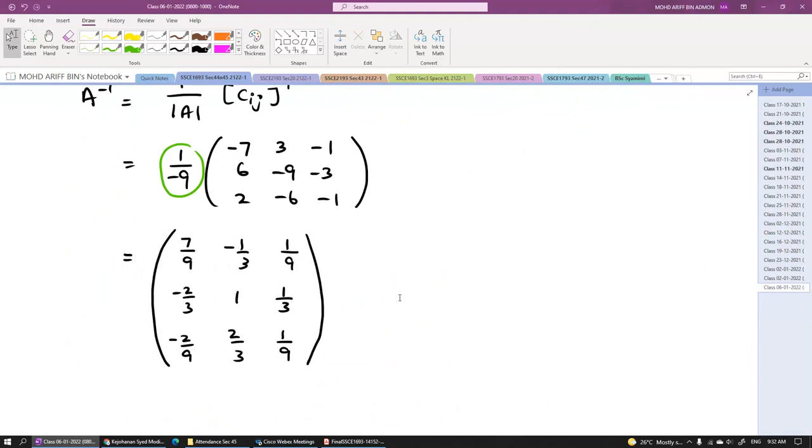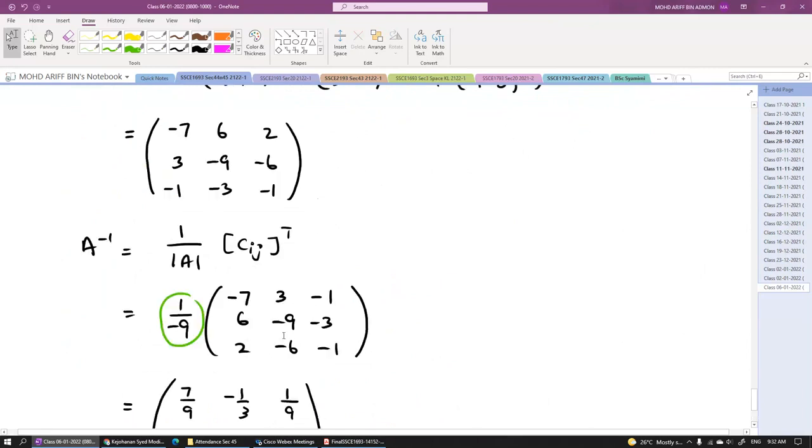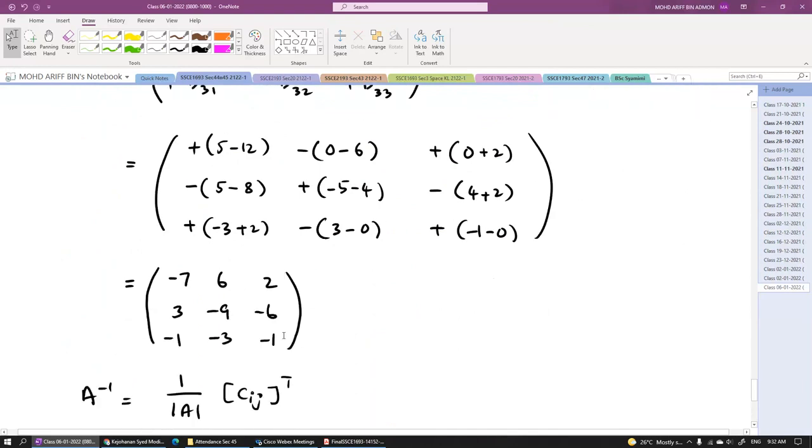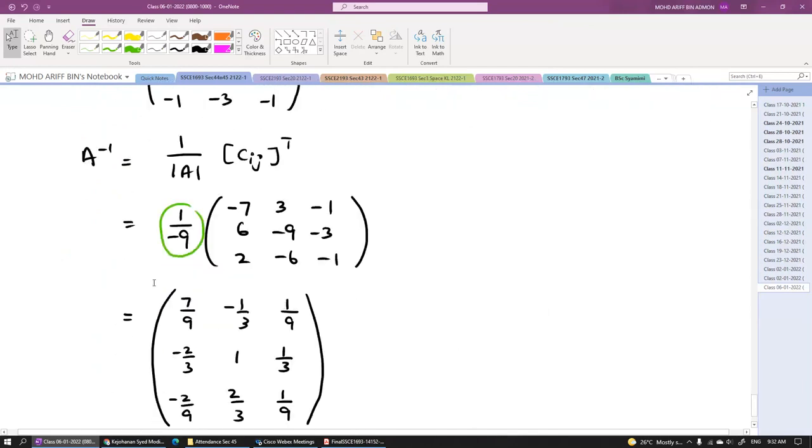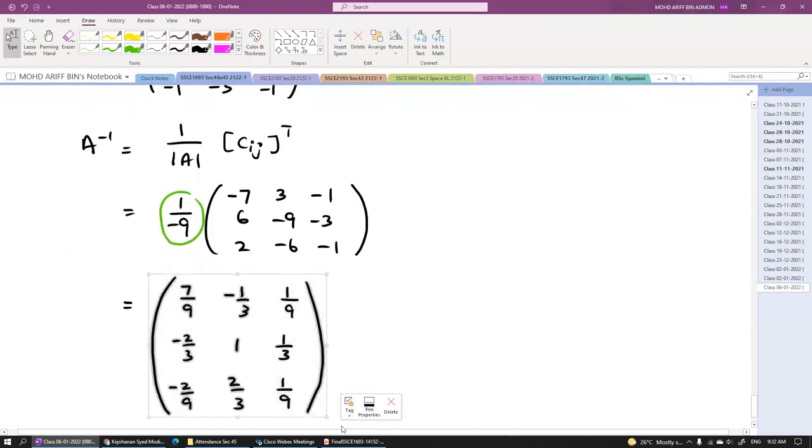If you are getting an incorrect solution, as I mentioned, once you get your inverse using, for example, the adjoint, because it involves a lot of calculations, at the end we don't know whether this is correct or not. You may check using a calculator. The calculator is just for checking if they ask you to calculate the inverse using adjoint.